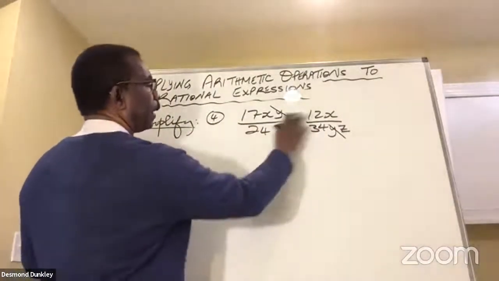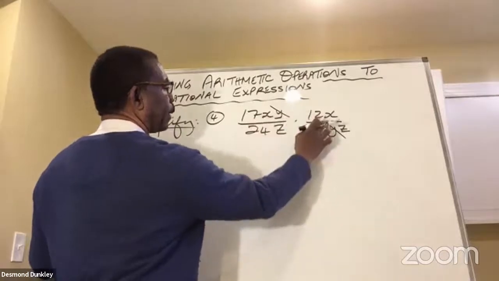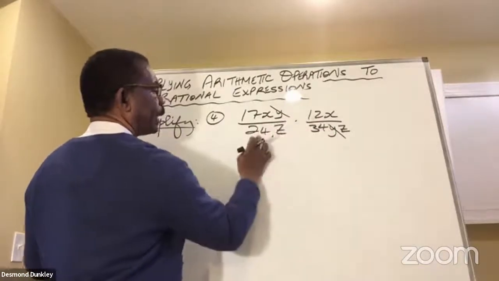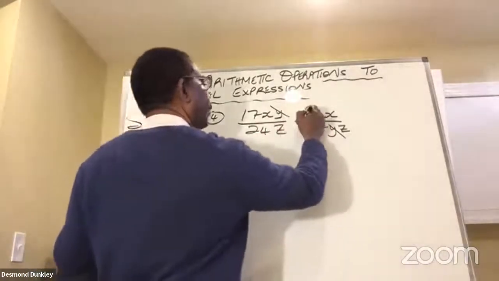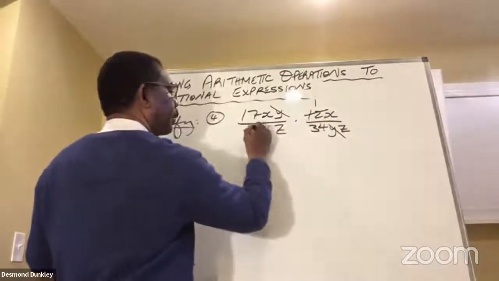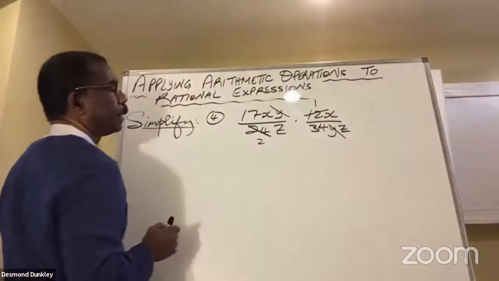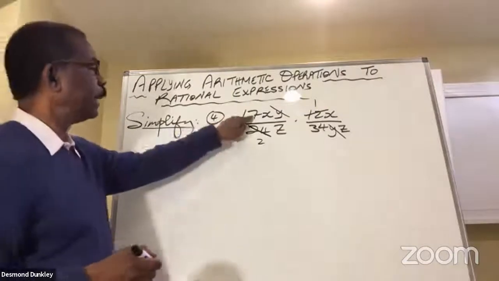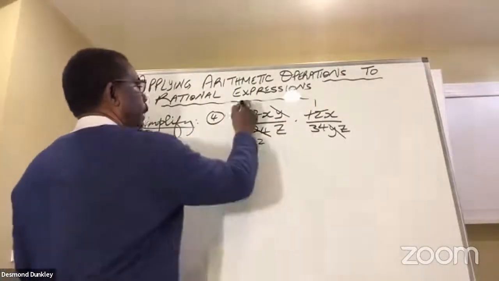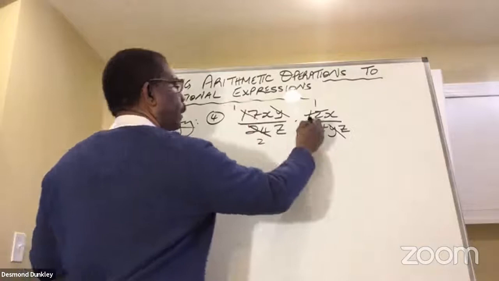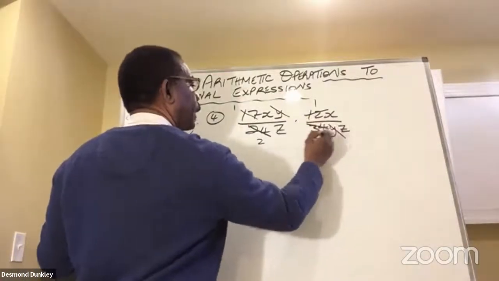There's no x on the bottom, but I see x here. And when I look at the 12 and I see 24, I say 12 into 12 goes once, 12 into 24 goes 2 times. I see 17 here and I see 34. 17 into 17 once, 17 into 34 2 times.